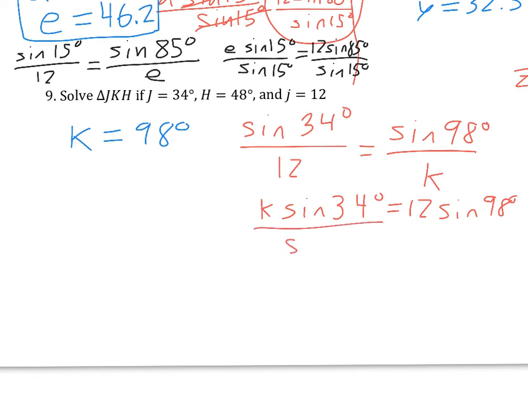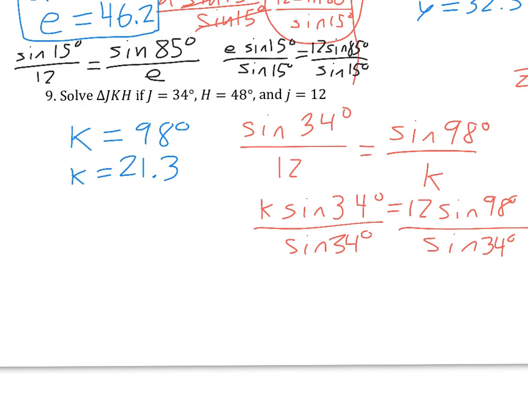And divide by sine 34. .25 will round to 21.3. So lowercase k is 21.3.